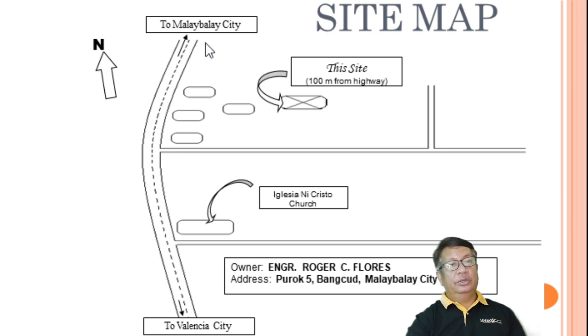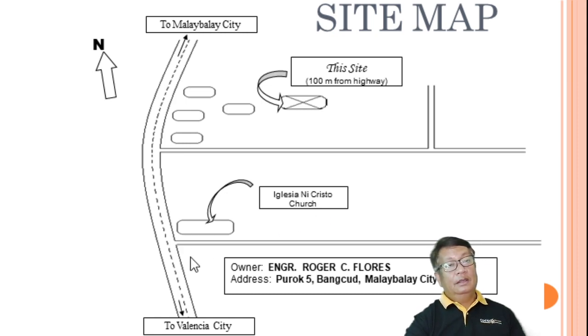And the road, this is the highway or even just a barangay road or any road or streets. So try to draw the road or streets of your design. Then in the site map also, try to locate the nearest landmarks. Examples of landmarks are churches, schools, plaza. Those are some of the area landmarks of the location on the site map.